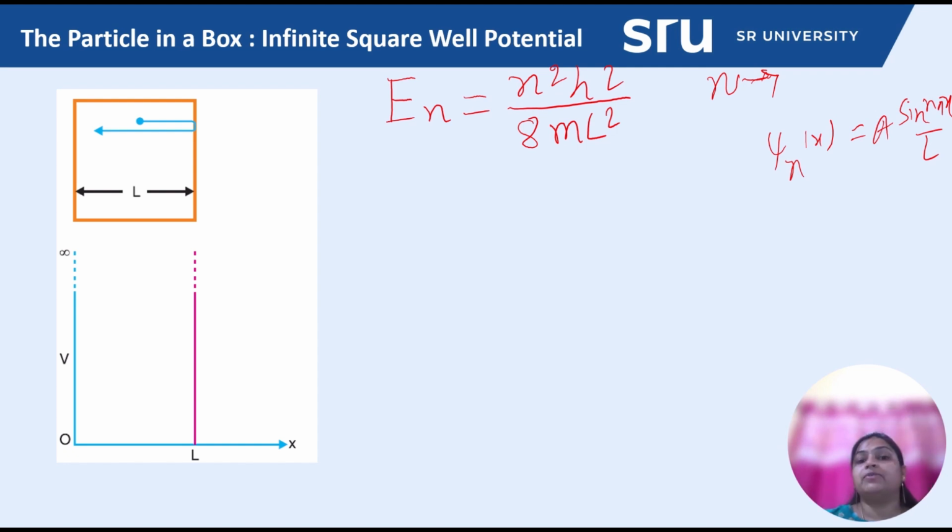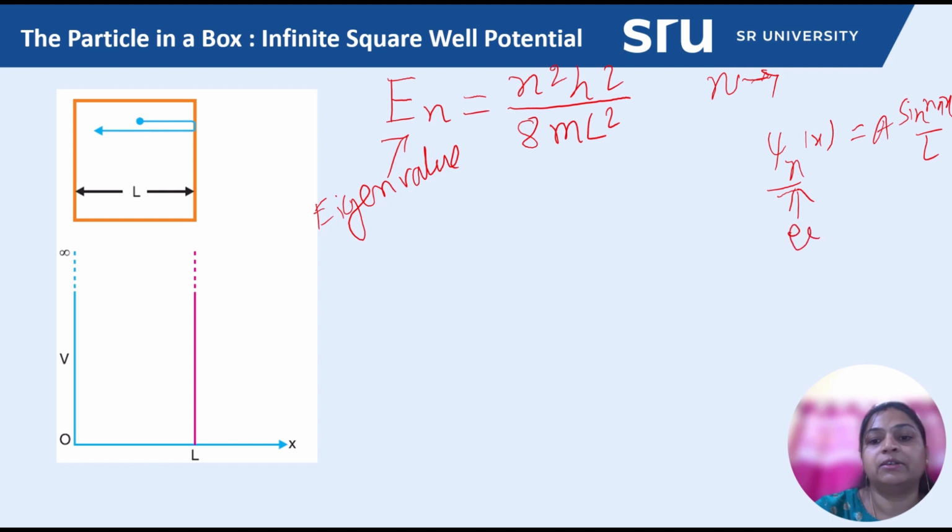Each value of En is the eigenvalue, and the corresponding psi n is the eigenfunction.